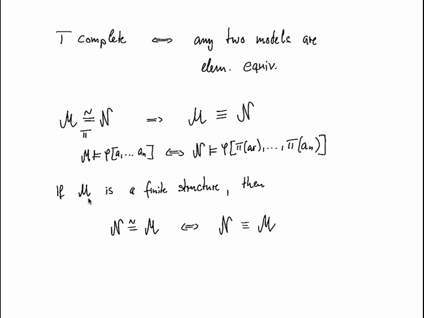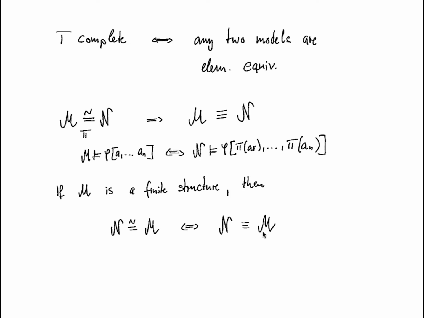We can get the converse of this for finite structures. So if M is a finite structure, then N is isomorphic to M if and only if N and M are elementary equivalent.